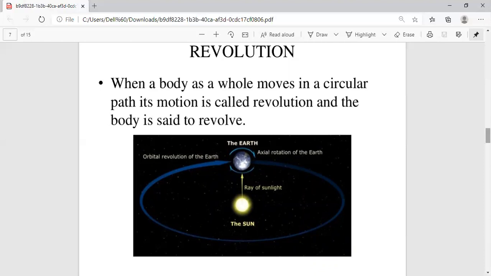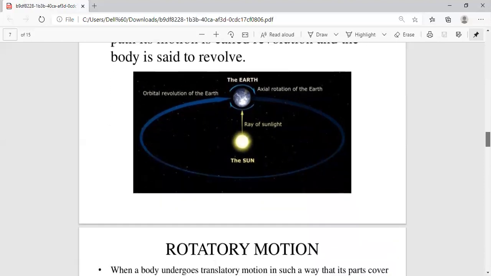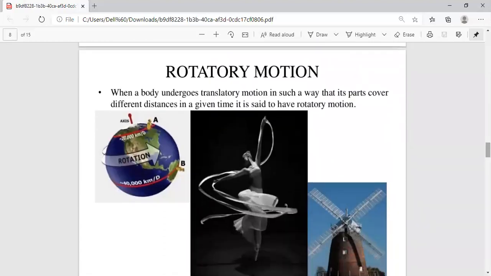The best example is the earth moving around the sun. It revolves around the sun. That type of motion is known as revolution. Next is rotatory motion. When a body undergoes motion in such a way that its parts cover different distances in a given time, it is said to be in rotatory motion.